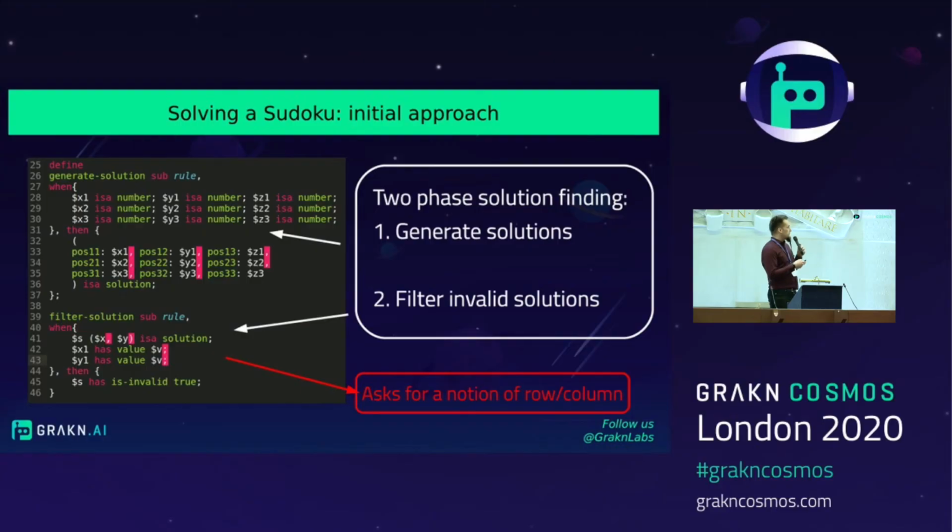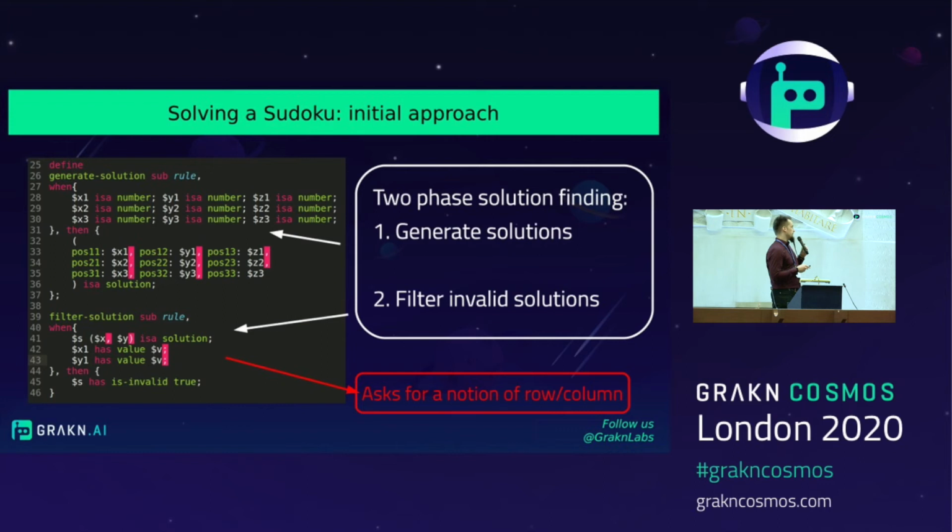And now, how do we actually solve it? The naive approach is basically to generate 3 by 3 grids of numbers, and then filter the ones that do not satisfy our Sudoku criteria. This is accomplished by defining two rules.